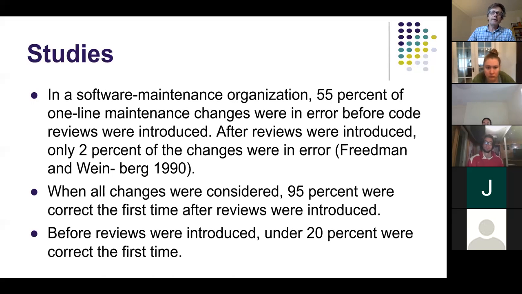In a software maintenance organization, 55% of one-line maintenance changes were an error before the code reviews were introduced. In other words, you got a problem in your code, there's an error, somebody reports an error, somebody goes in there and says, okay, I'm gonna fix it. They find a line of code, they say, this will fix it, and they make a few changes. How many times have you done that, right?